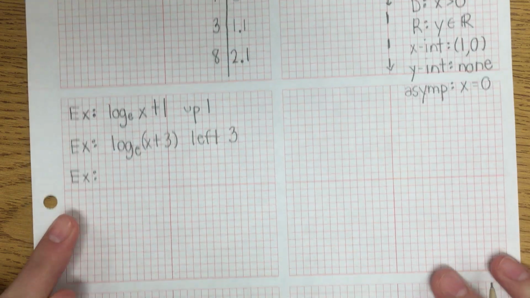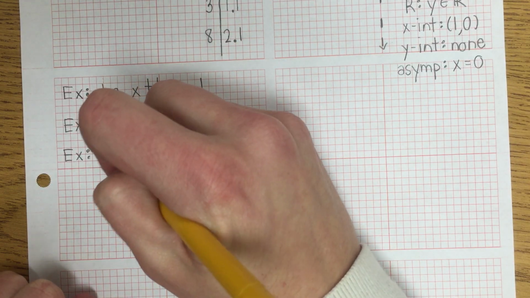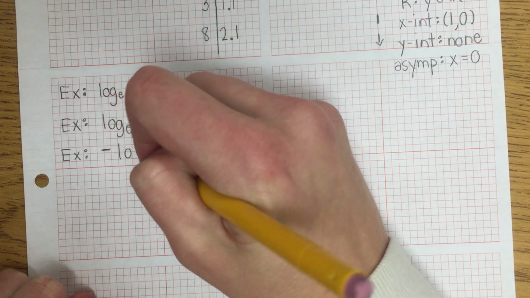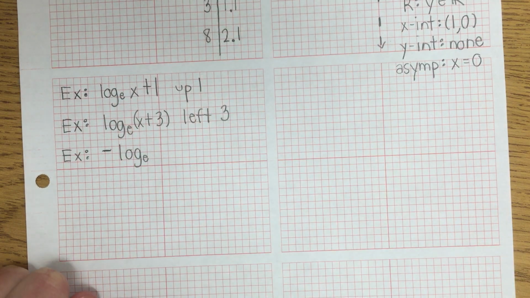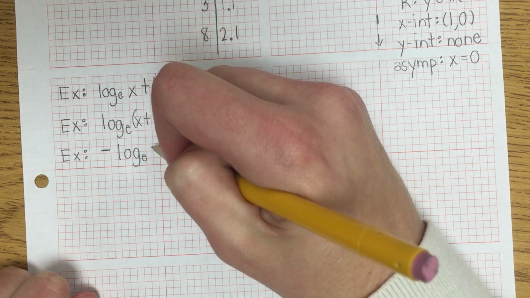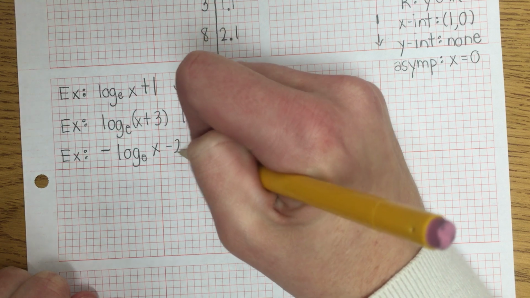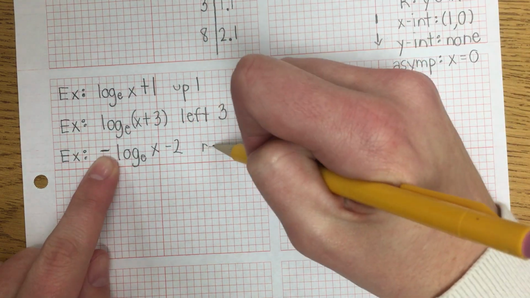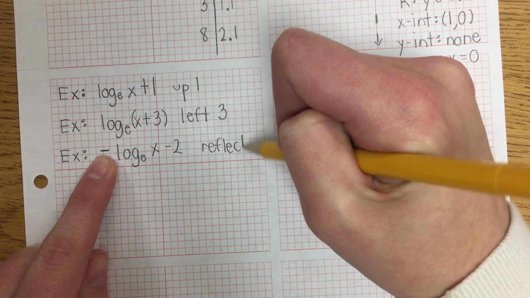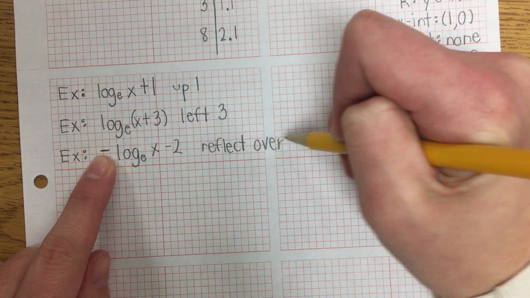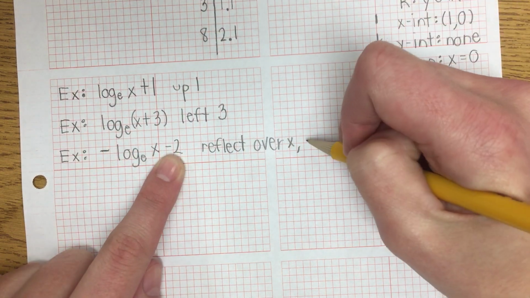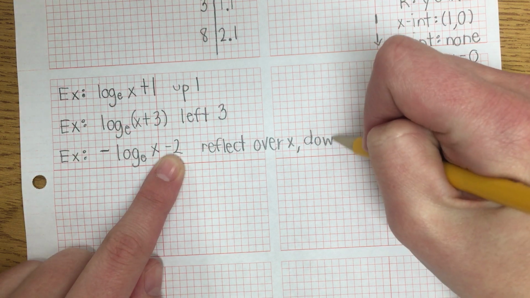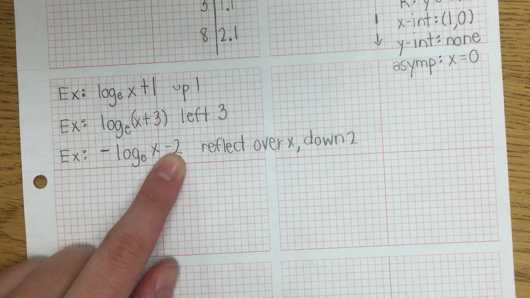Another example, if I have something like a negative on the outside, log base e, let's say x minus 2. So that negative on the outside is going to reflect over x, and the minus 2 on the outside is going to make it move down 2.